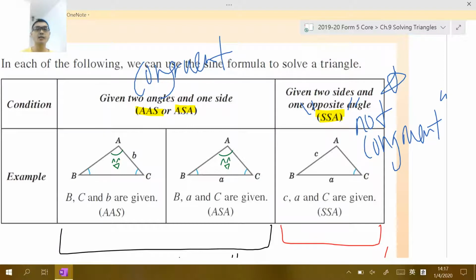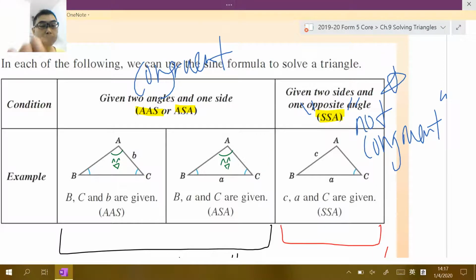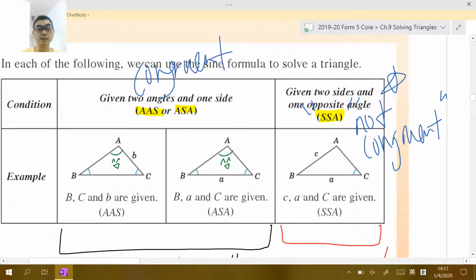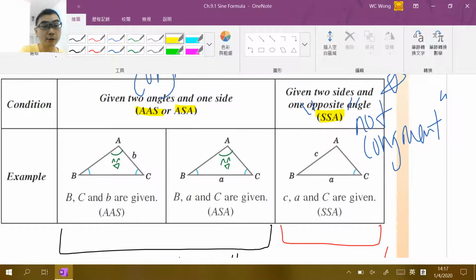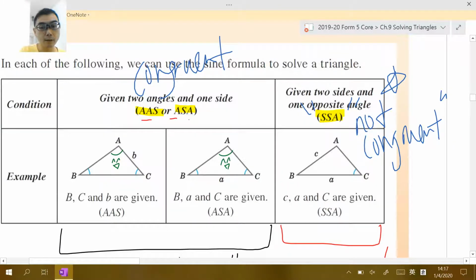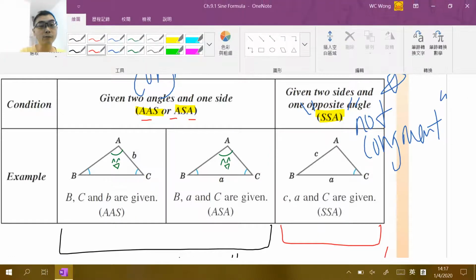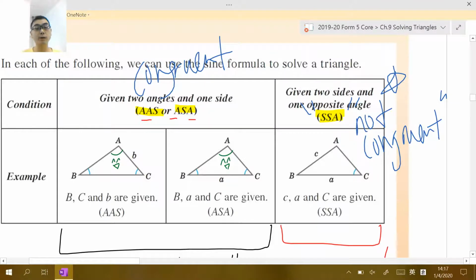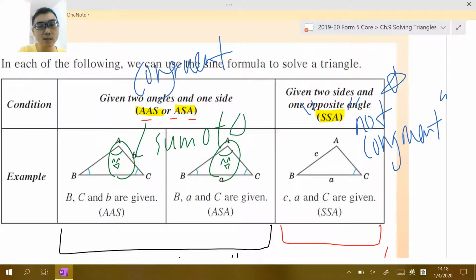But anyway, for the congruent two, AAS and ASA, why can we surely use the sine formula to solve? Both scenarios give you two angles. Once we know any two angles in a triangle, you should know the third one, because you can use the angle sum of a triangle to find it. So when we have two angles known, you have all the angles known.